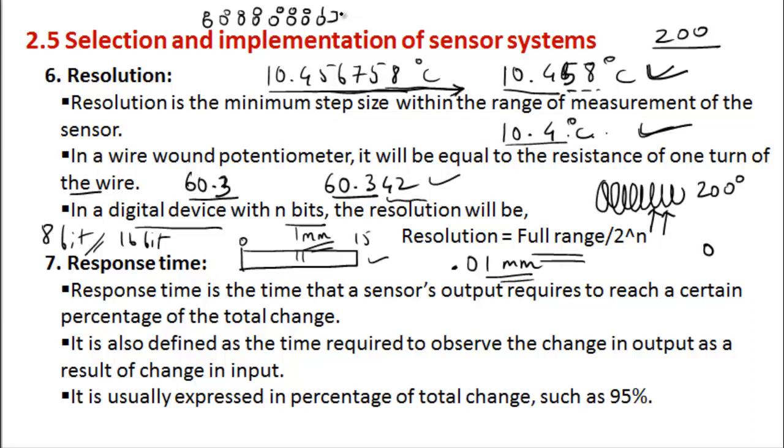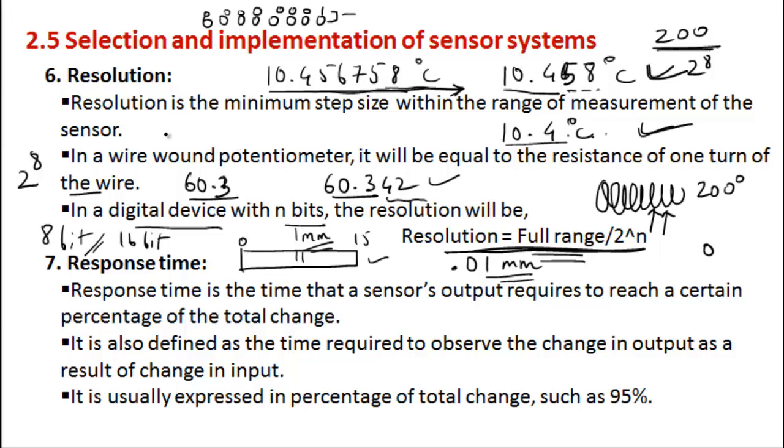And how do you find that smaller step? Since it's an 8-bit, you take 2 raised to the power 8. So the resolution is given by the full range divided by 2 raised to the power 8. So this is how much? 200 divided by 128.